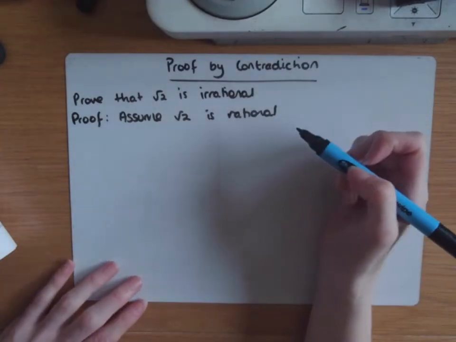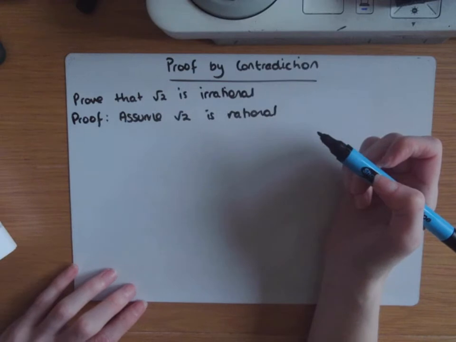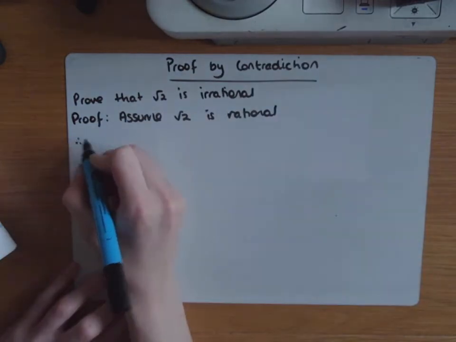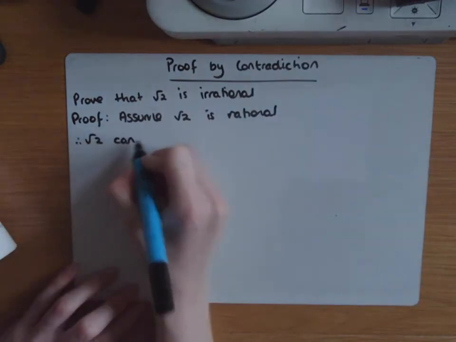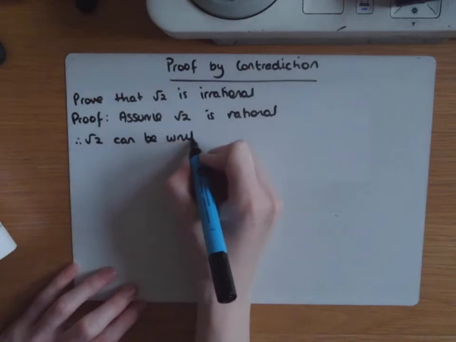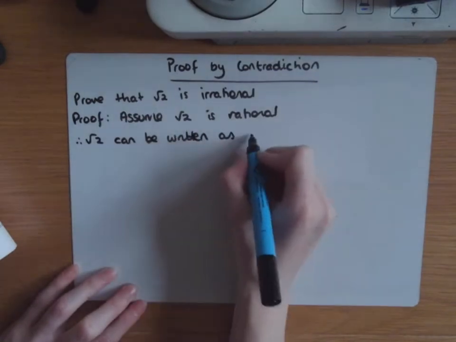To assume that root 2 is rational means that root 2 can be written as a over b.